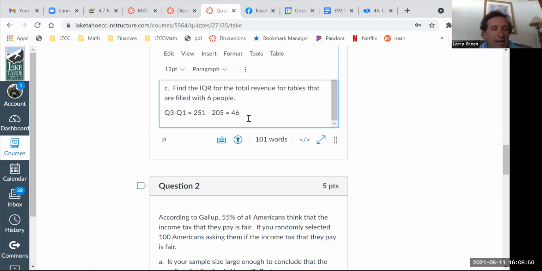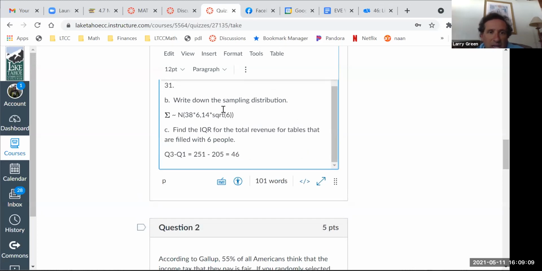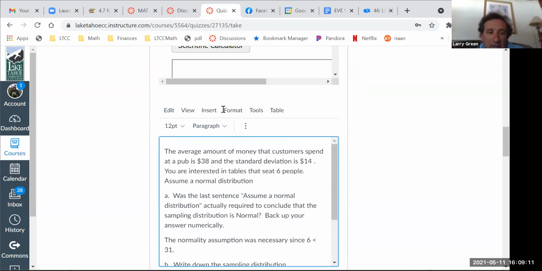So the point is showing your reasoning is crucial. If it was an exam, I'd write down what I use for the low and the high and the mean and the standard deviation and the P. Just a note, always a good idea. Any questions at all on this question about totals?